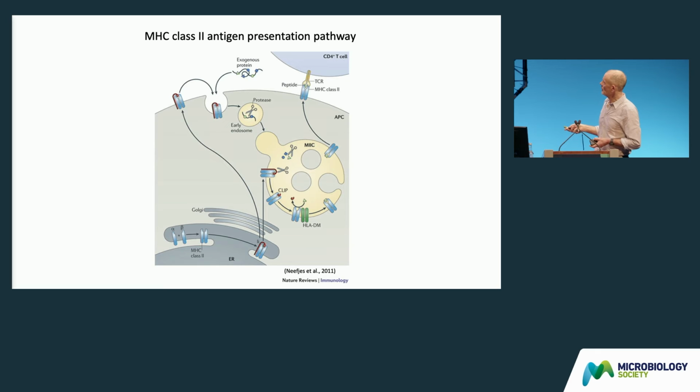But these MHC2 molecules are first transported to the plasma membrane bound to an invariant chain, and they're then internalized back into the host cell, into the MHC2 compartment, where the invariant chain is swapped for antigen, which is loaded onto the antigen loading site, and then transported back to the plasma membrane for recognition by the TCR.